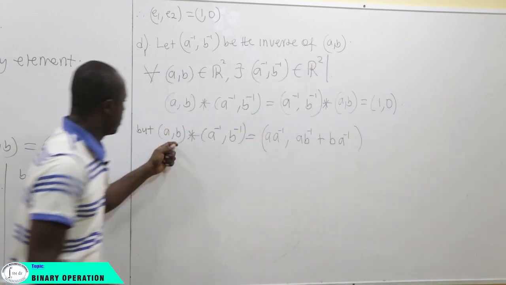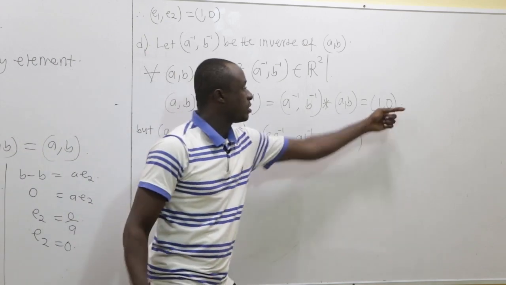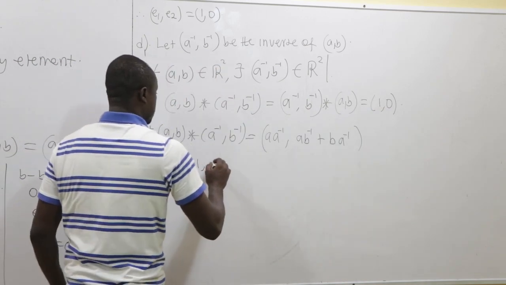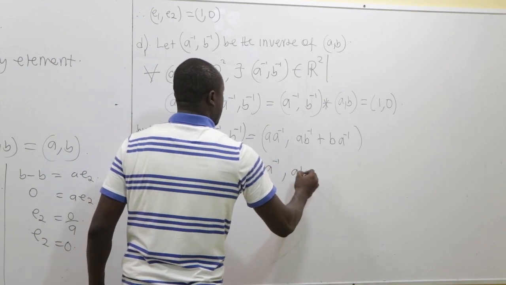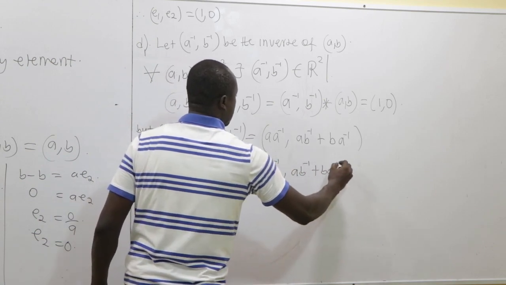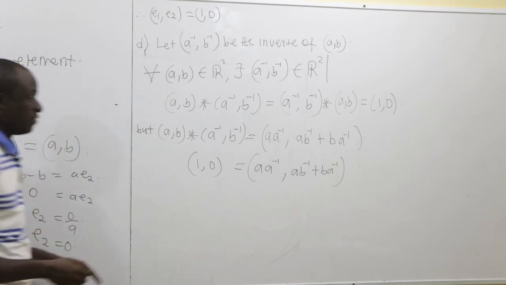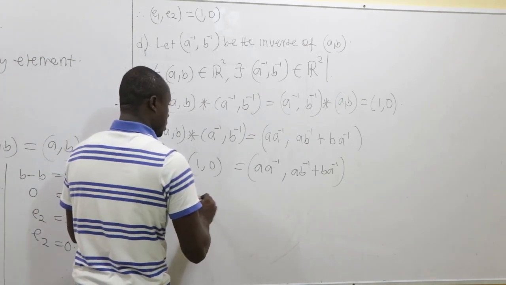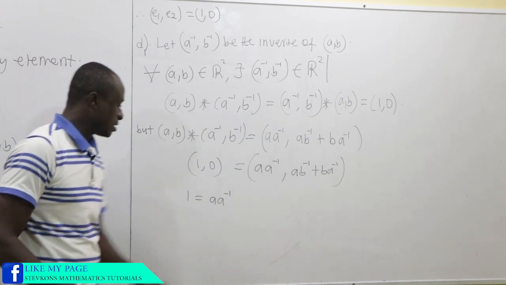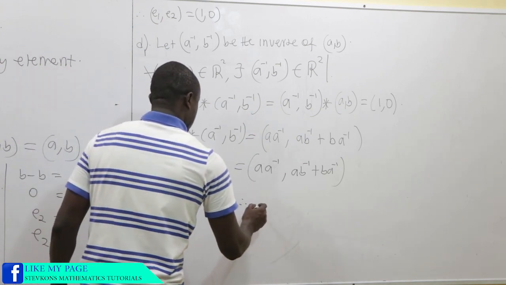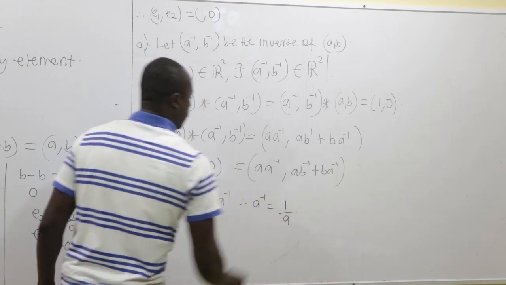This operator gives the identity element, which is (1, 0). So you have (1, 0) equal to (A times A inverse, A times B inverse plus B times A inverse). We want to find A inverse and B inverse. Clearly, 1 is equal to A times A inverse, the first element equal to the first element here. Therefore, A inverse is 1 all over A.